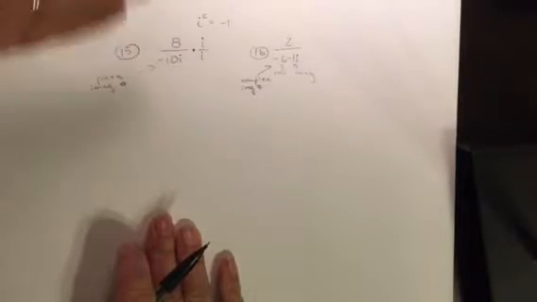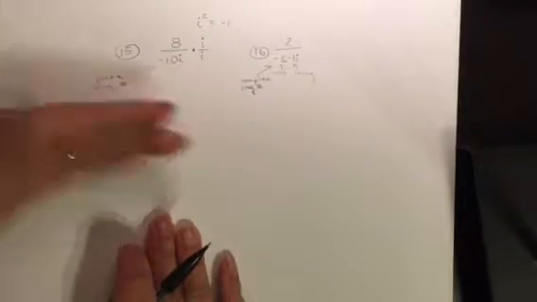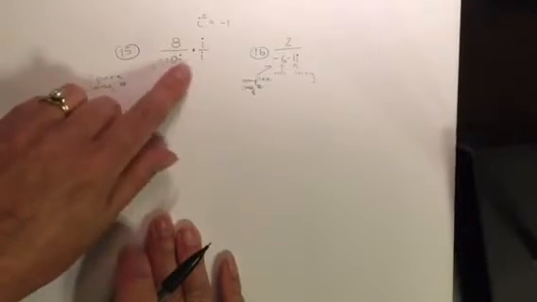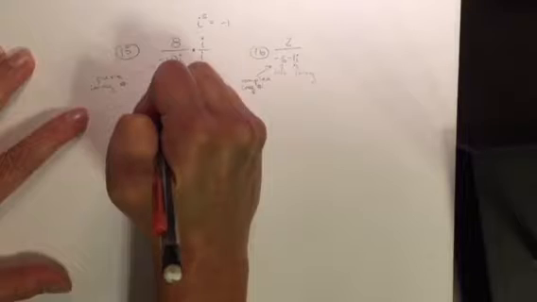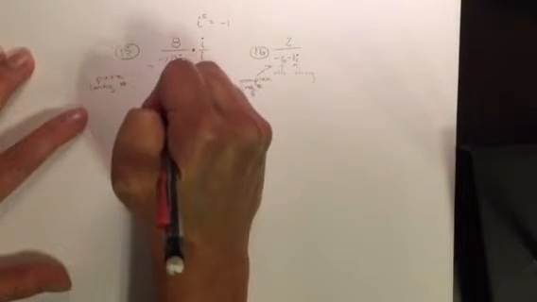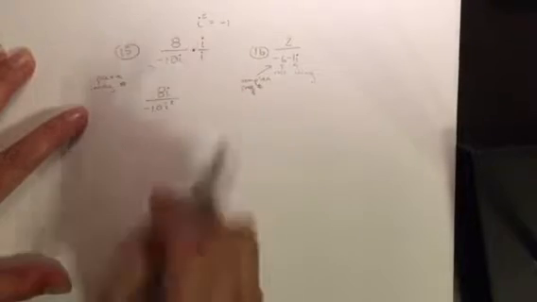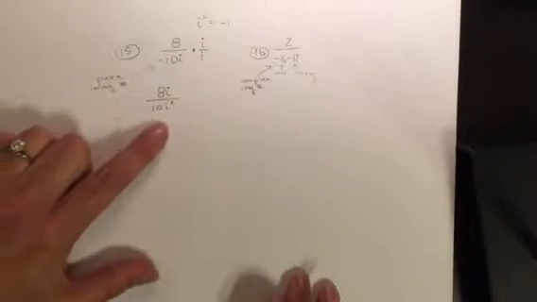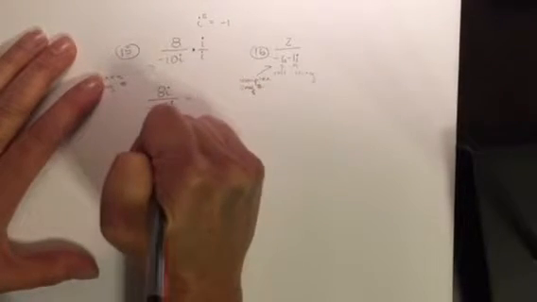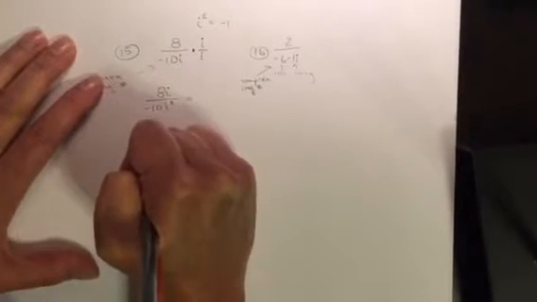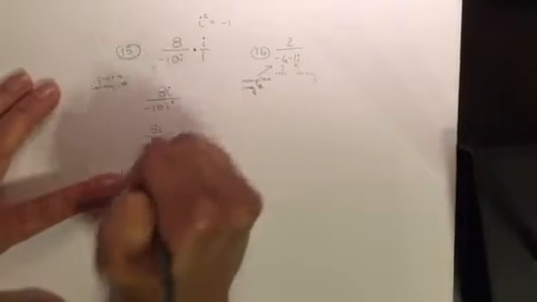Remember, I over I means that I'm really just multiplying by 1, so it doesn't change my function, but yet it's going to give me an I squared in the denominator, so I'm going to go ahead and multiply it in. So 8i over -10i squared. Okay, now I need to simplify, so 8i over -10 times -1, because I squared equals -1.